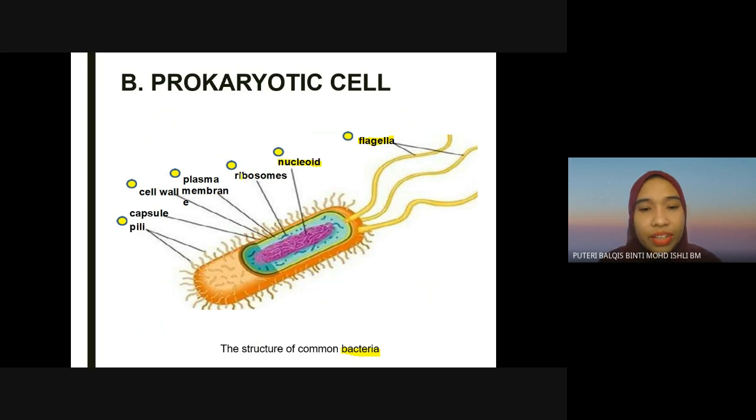And then we have ribosome. The ribosome for prokaryotic cell is smaller than in eukaryotic cell. Then we have plasma membrane. Plasma membrane dia terbagi bawah: cell wall, the capsule and the pili.